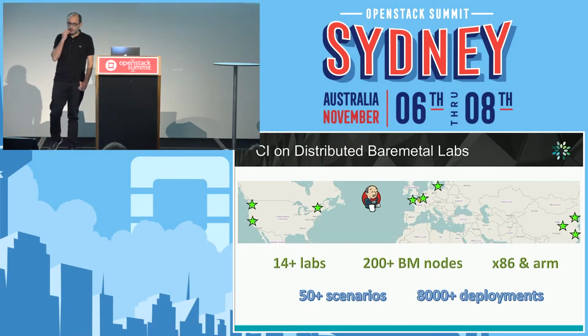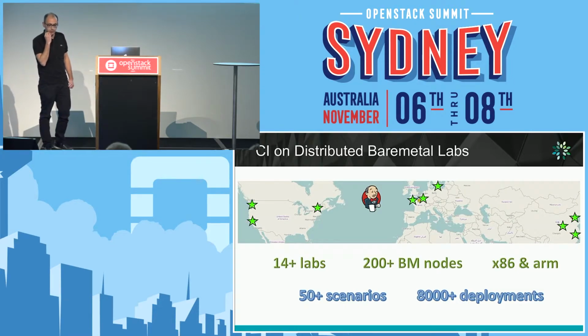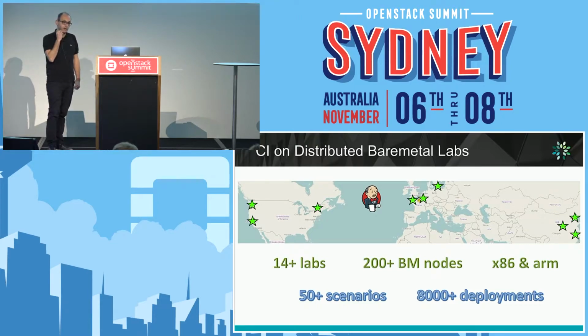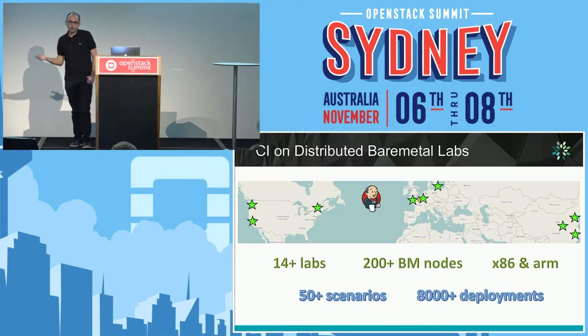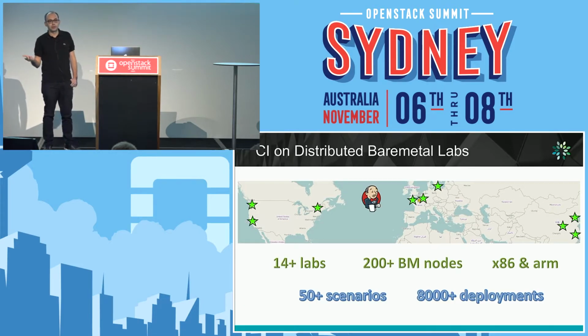As I mentioned, during the last release cycle, we had more than 50 scenarios, and we deployed OpenStack more than 8,000 times in 6 months. I don't think you deploy OpenStack that many times because that's not your concern. But for us, deployability is one of the things we have to ensure. Okay, we can deploy OpenStack, but can we deploy OpenStack with OpenDaylight or with FD.io or whatever?